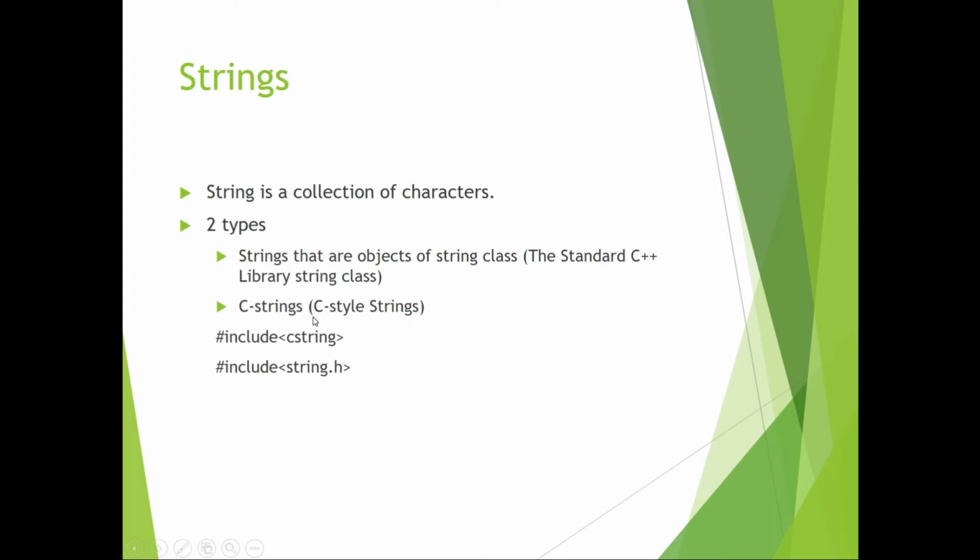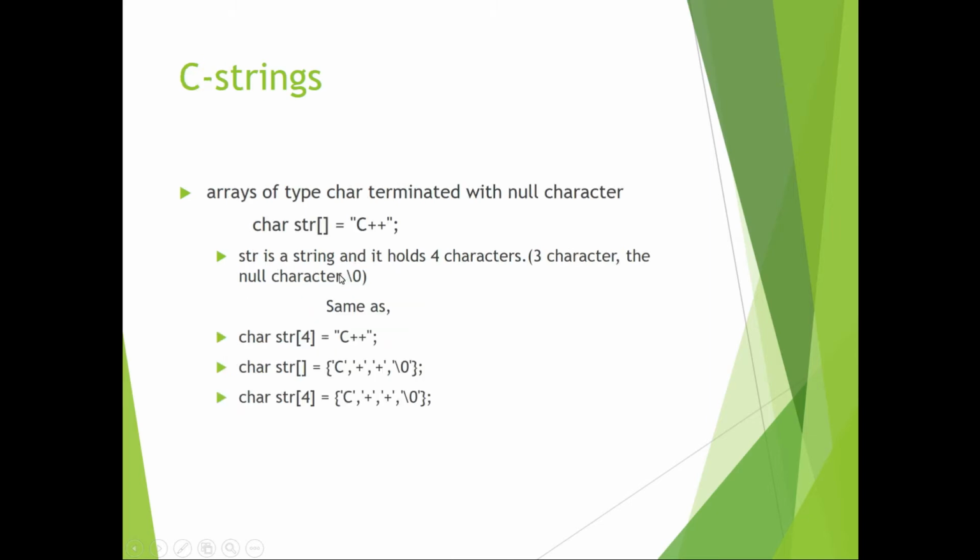When you use such things, there are so many inbuilt functions available like string concatenate, string copy, etc. So in that case, you need to use the header which is cstring or string.h. Okay, we'll see these two types in detail now.